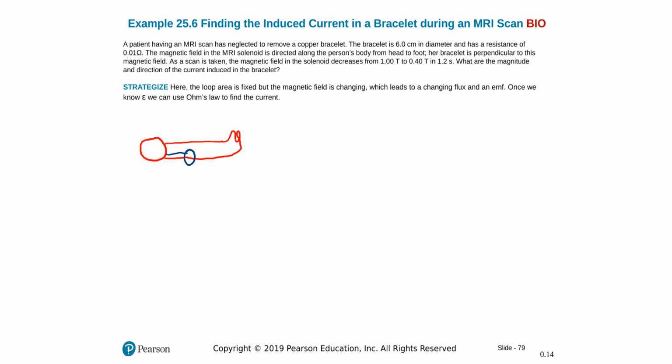Alright, and the bracelet has 6 centimeters diameter. Let's put it in here, 6 centimeters. And I'm going to go to the radius directly. We're going to need that area for flux probably. So 3 centimeters is the radius of the bracelet, right?